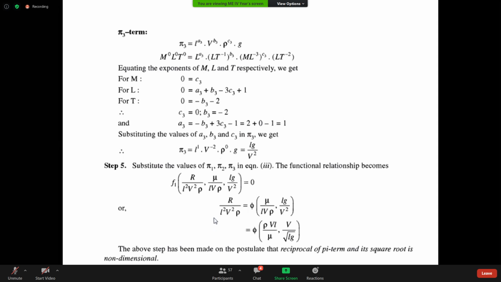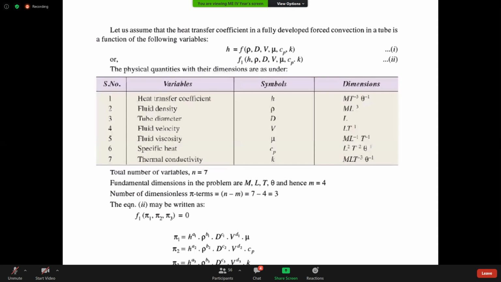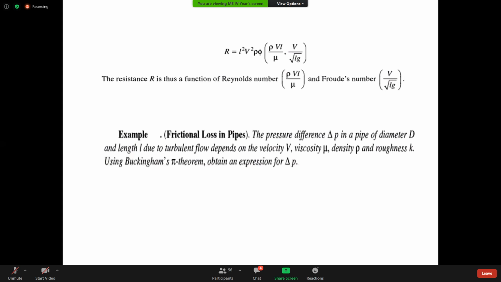See here, if you take this side, what happens? This side, this is multiplying and simplifying only, right? And this is the final one. So you try to do this problem. Delta P, pressure difference, diameter is given, length is given, velocity is given, viscosity, rho, roughness, right?